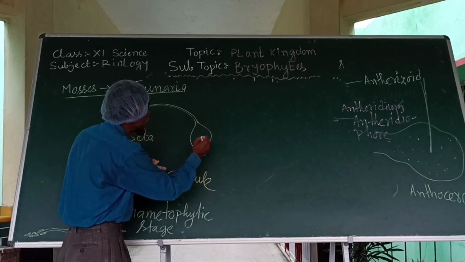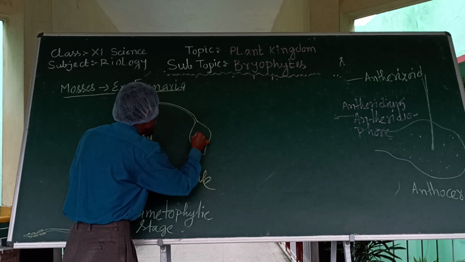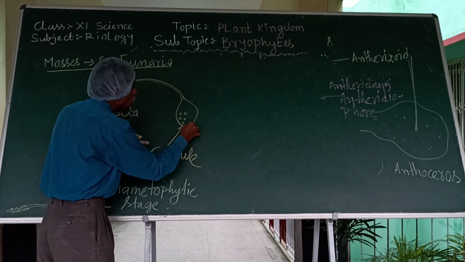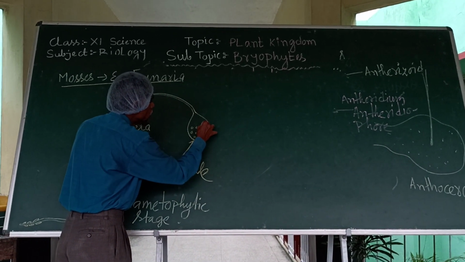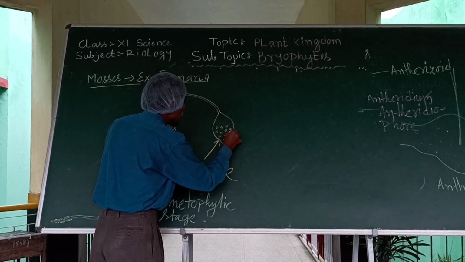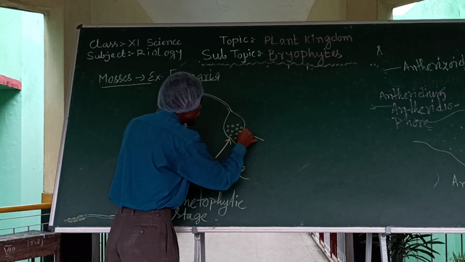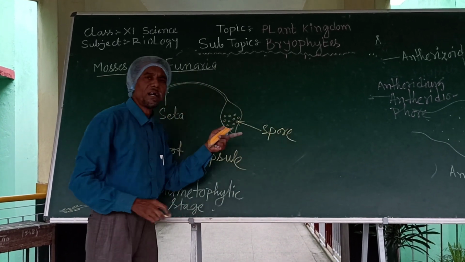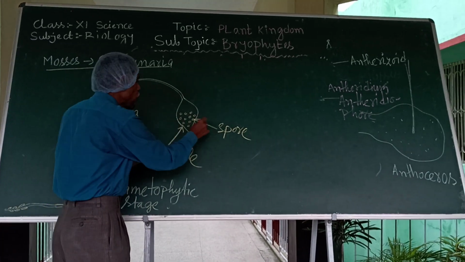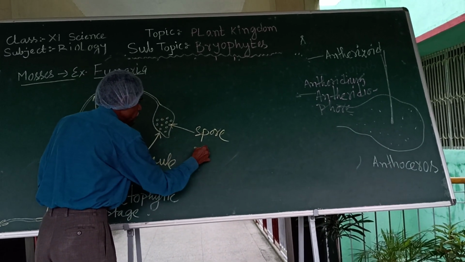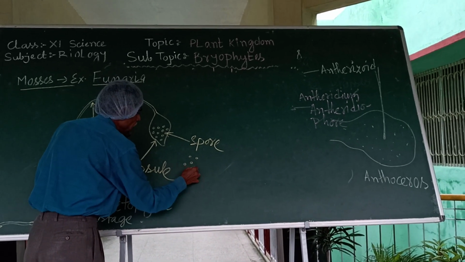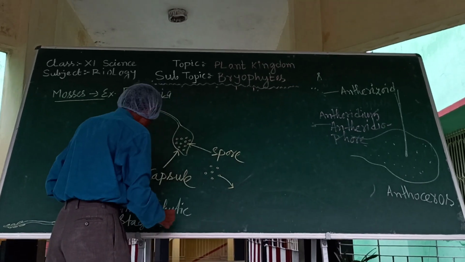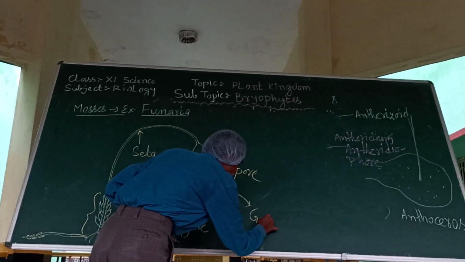Within the capsule, some of the cells of the capsule divide meiotically to form spores, and under suitable conditions this spore is released in the nearby area and germinates to form the gametophytic stage again.